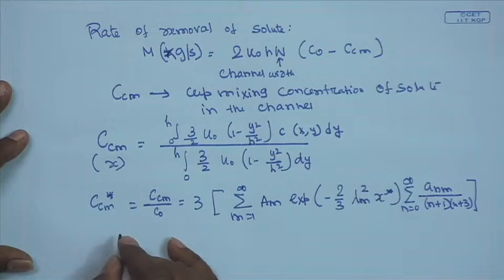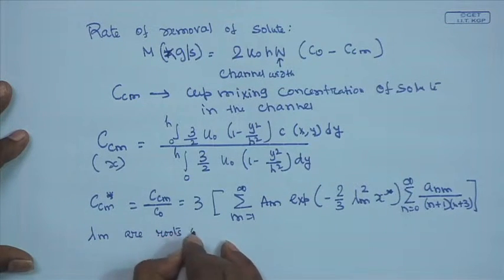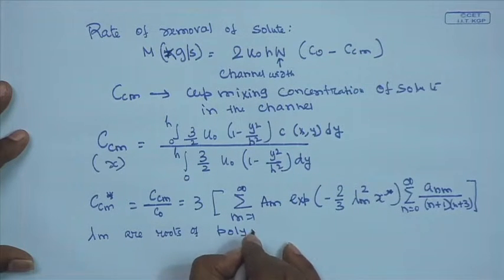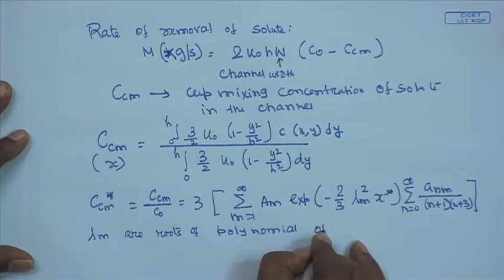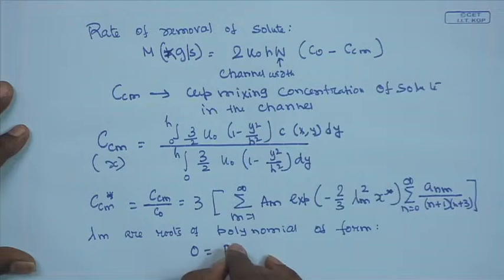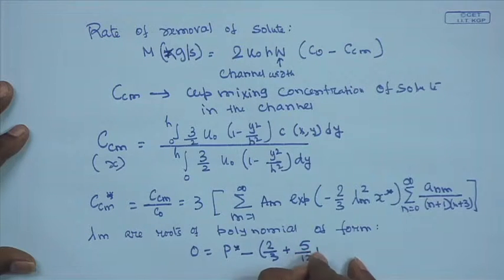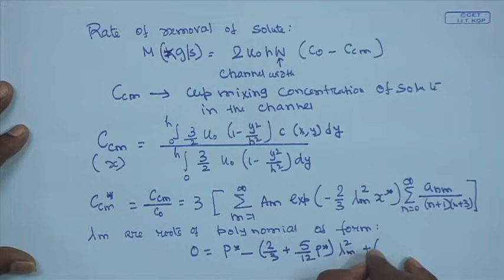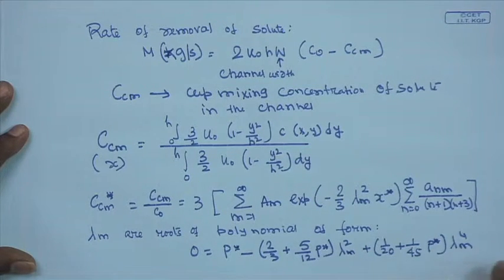Here the eigenvalues lambda m are roots of a polynomial of the form 0 equal to p star minus 2 by 3 plus 5 by 12 p star lambda m square plus 1 by 20 plus 1 by 45 p star lambda m to the power 4.